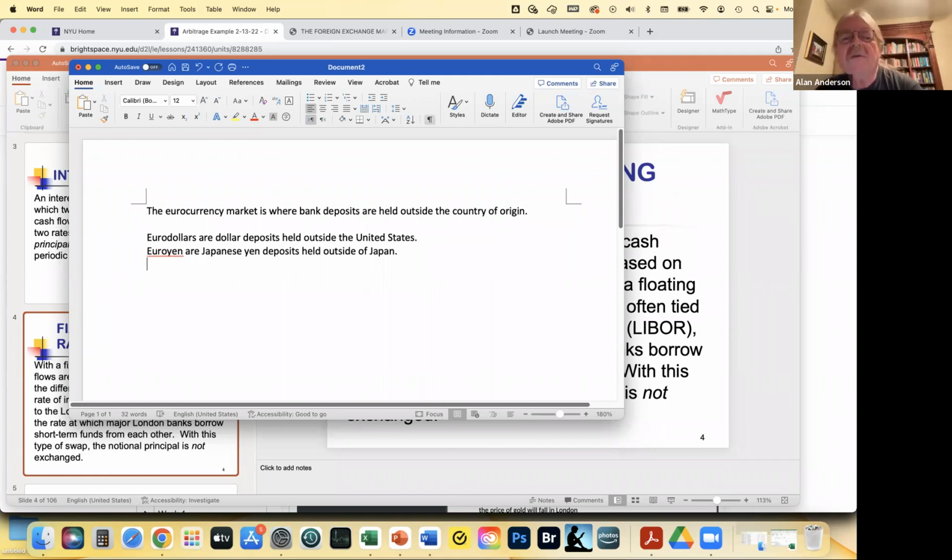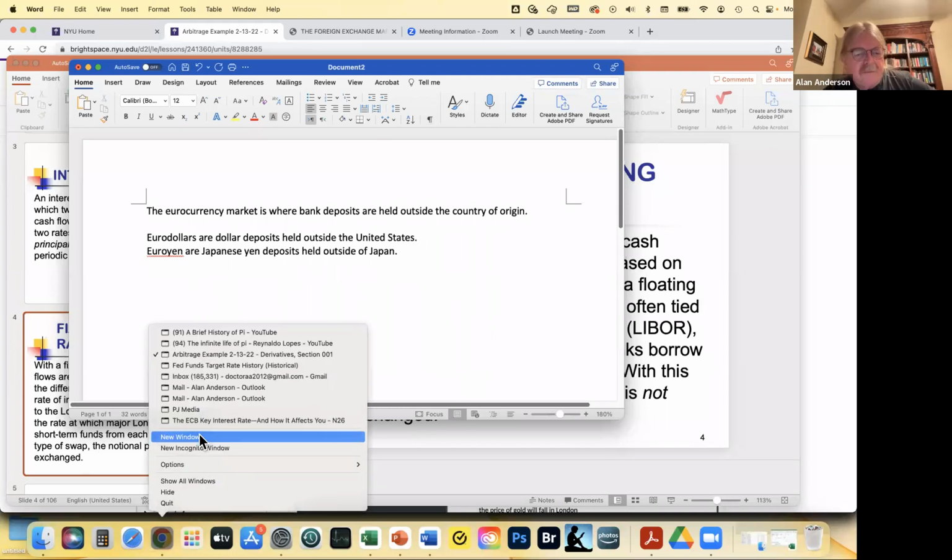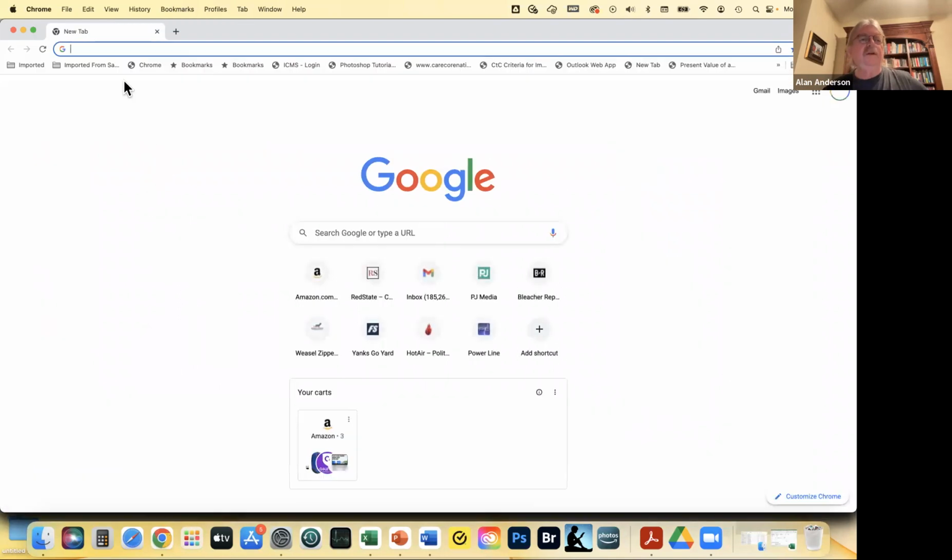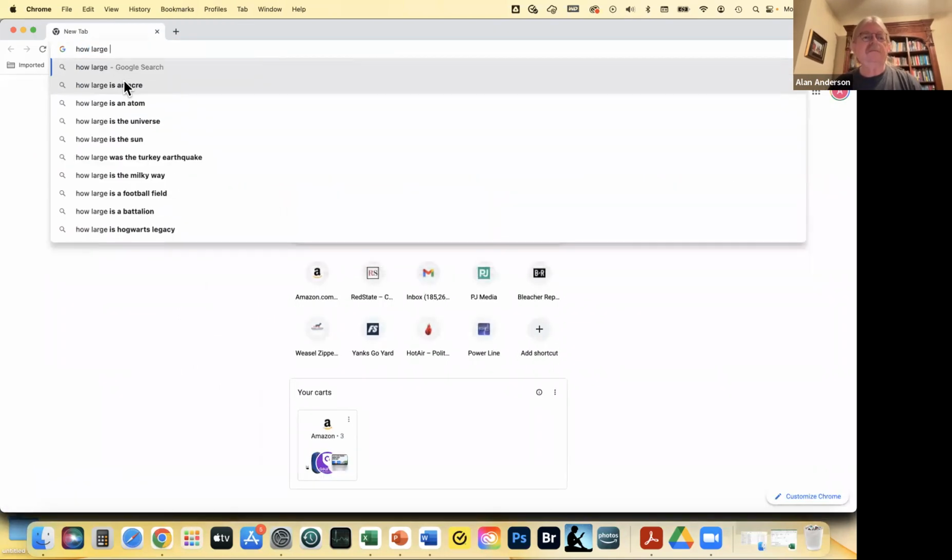But in general, American banking regulations do not apply to dollars that are deposited in other countries. So you might want to simply avoid US regulations. You may think that you can earn more interest in one of these accounts. So it's a huge market. In fact, maybe we could find out how big it is. How large are the euro currency markets?